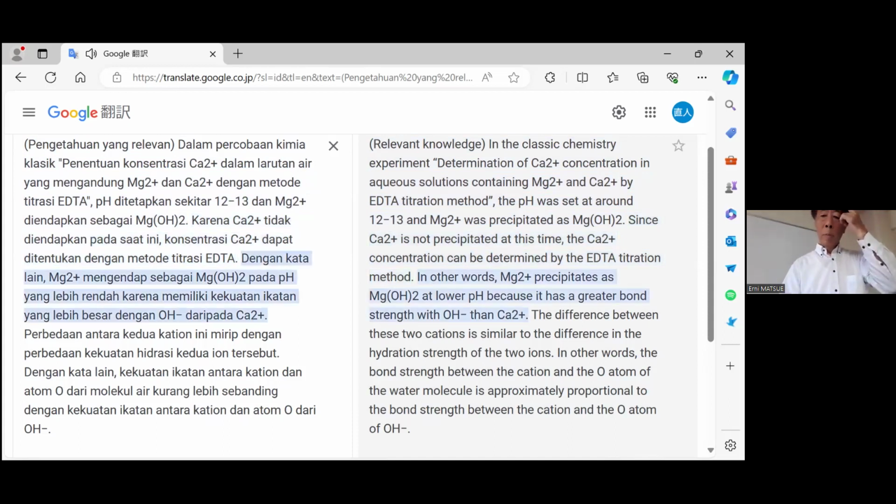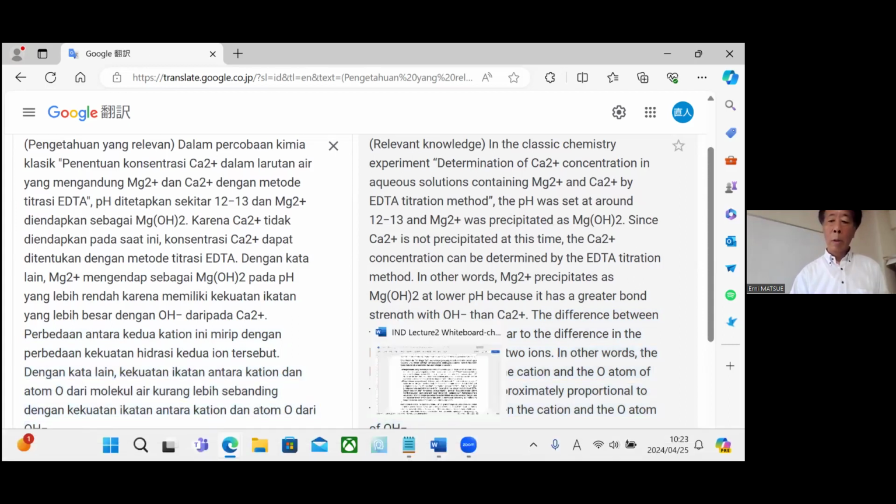In other words, Mg2+ precipitates as magnesium hydroxide at lower pH because it has a greater bond strength with OH- than Ca2+. The difference between these two cations is similar to the difference in the hydration strength of the two ions. In other words, the bond strength between the cation and the O atom of the water molecule is approximately proportional to the bond strength between the cation and the O atom of OH-. Okay, do you understand?